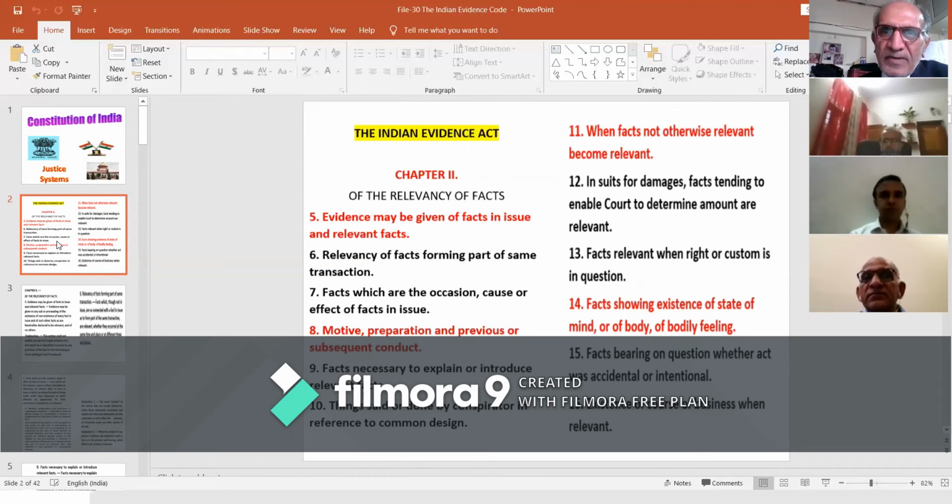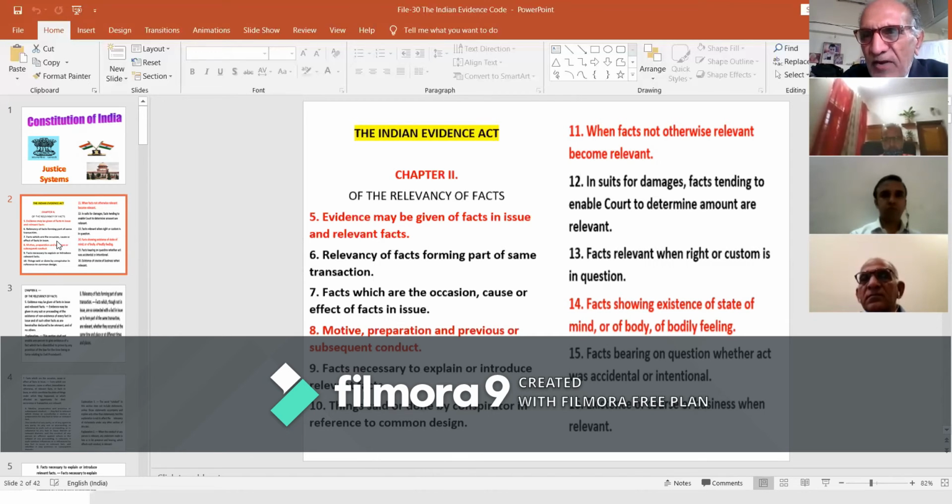Section 5 is specific that evidence may be given of facts in issue and relevant facts. Now, facts in issue in the context of criminal law would mean the ingredients of the offense, or the defense when the accused will enter upon that aspect of leading a defense for it.